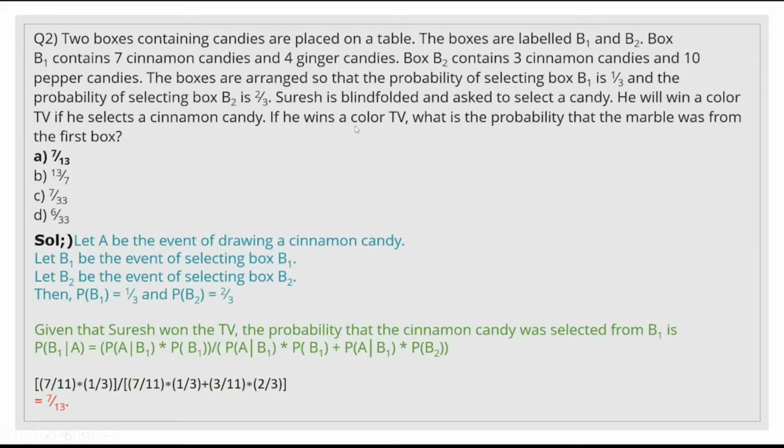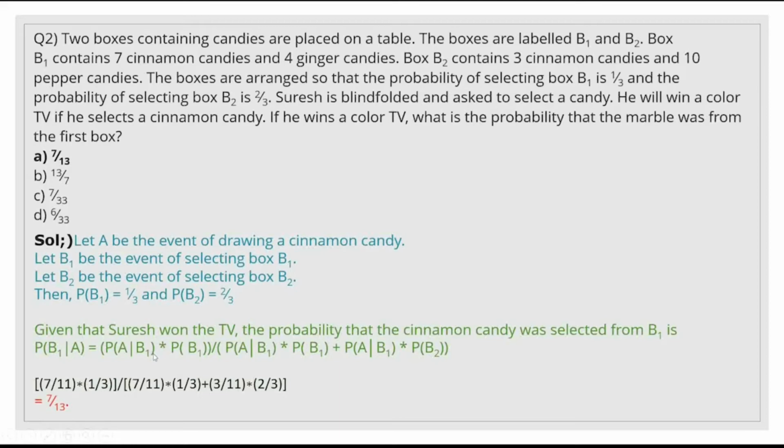Given that Suresh has won the color TV, the probability that the cinnamon candy was selected from B1 will be calculated as probability of B1 given A equals probability of A given B1 times probability of B1, upon probability of A given B1 times probability of B1 plus probability of A given B2 times probability of B2.